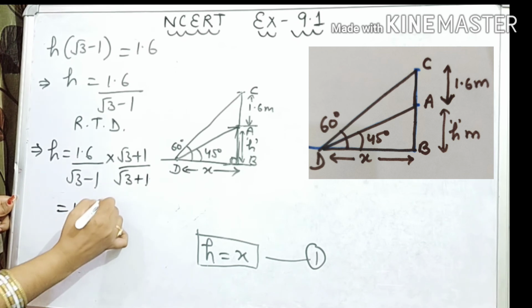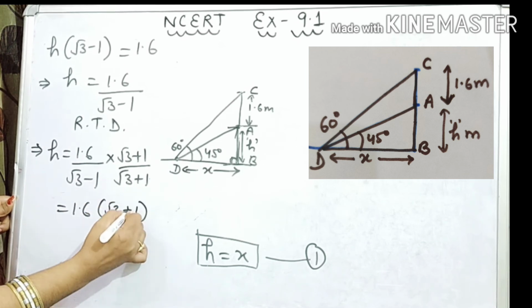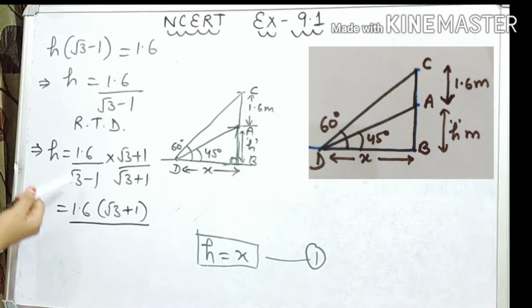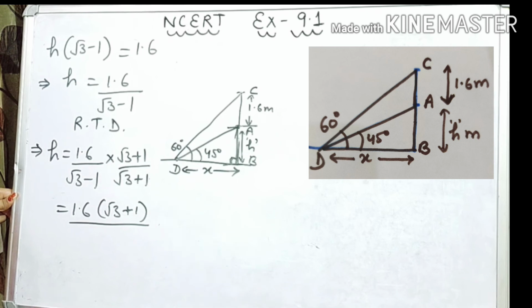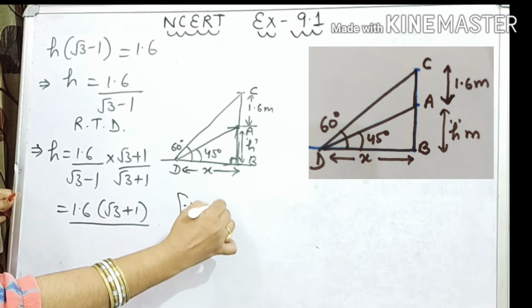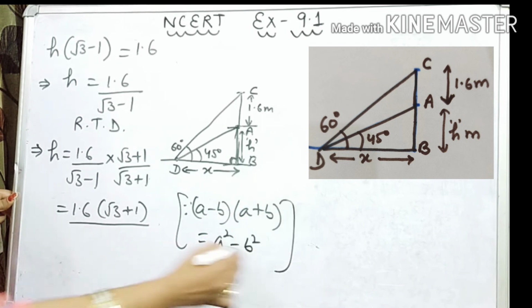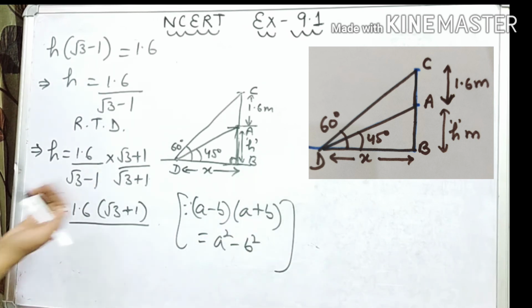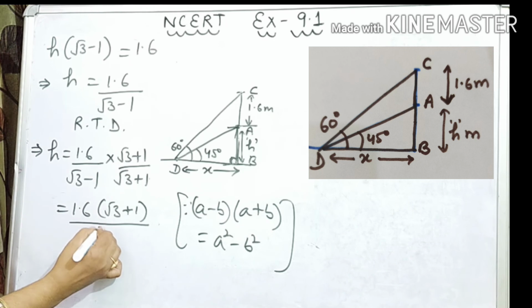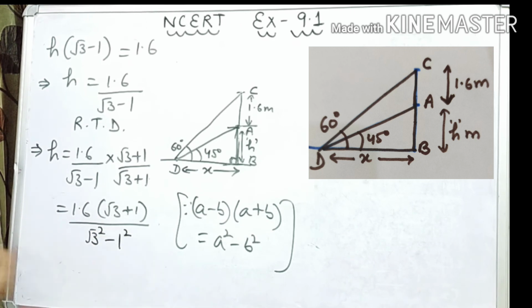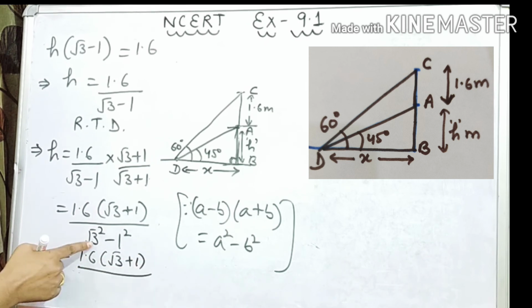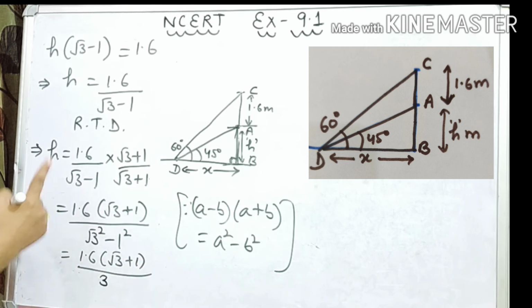This will be 1.6 into root 3 plus 1, divided by a minus b into a plus b. It is an identity, you all should know this: a minus b into a plus b is equal to a square minus b square. So root 3 minus 1 into root 3 plus 1 will be root 3 square minus 1 square. So 1.6 into root 3 plus 1 upon root 3 square, which is 3, root 3 into root 3 is 3, and 1 square is 1, right?